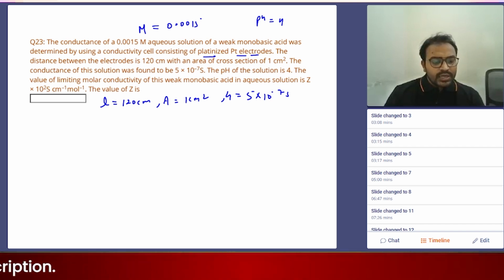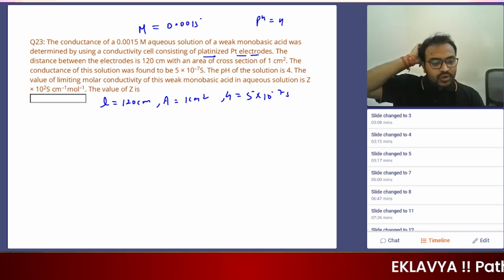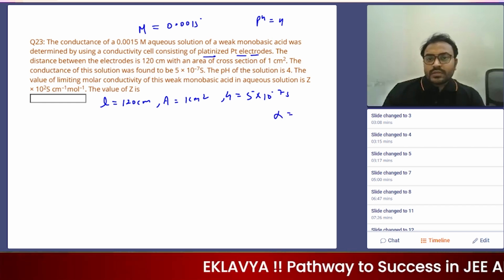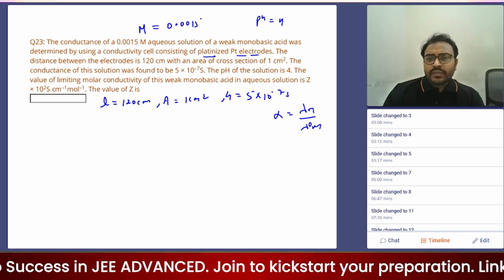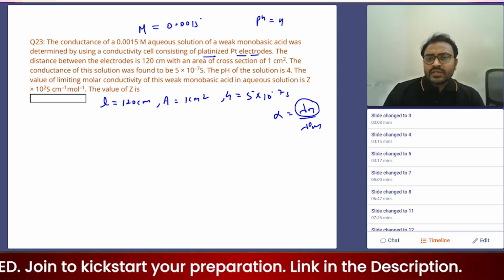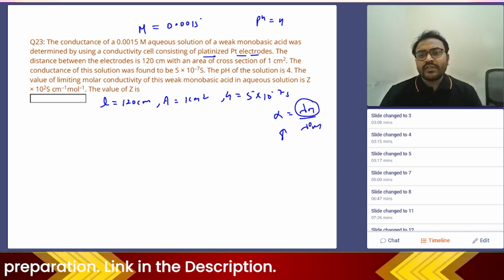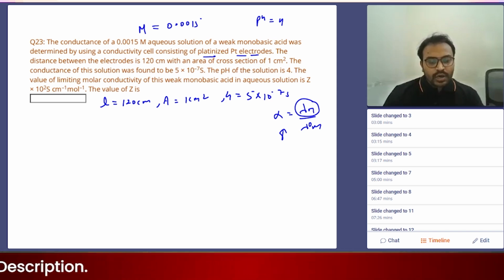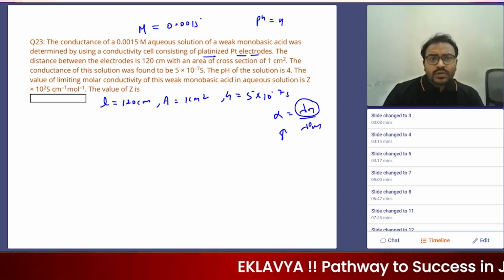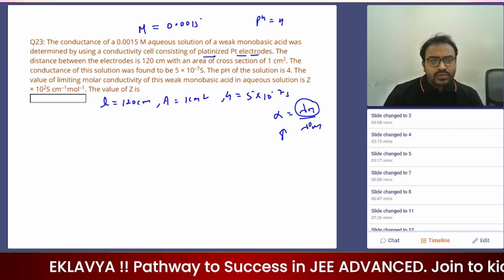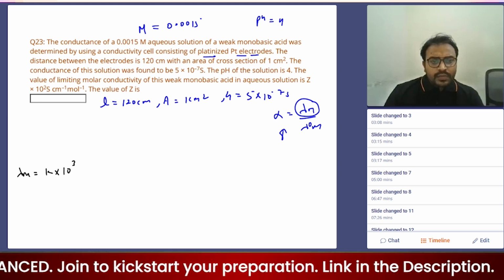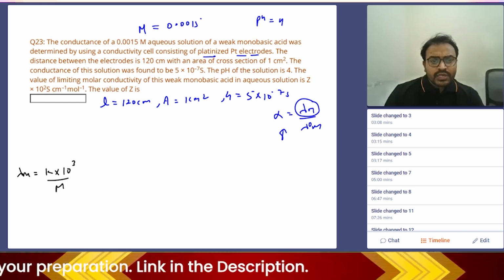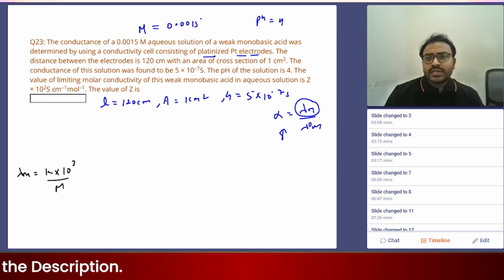So to find the limiting molar conductivity, there is a formula: alpha is equal to lambda m by lambda naught m. In this relation we need lambda m and we need alpha also, right? So how will we get lambda m first? Because there is a relation lambda m is equal to kappa into 10 to the power of 3 divided by molarity concentration.